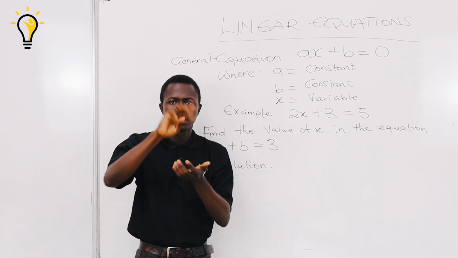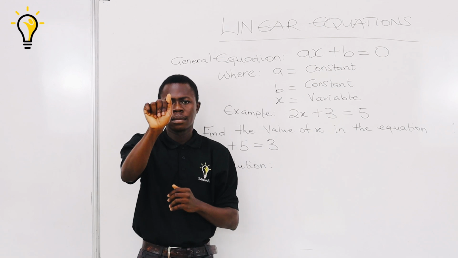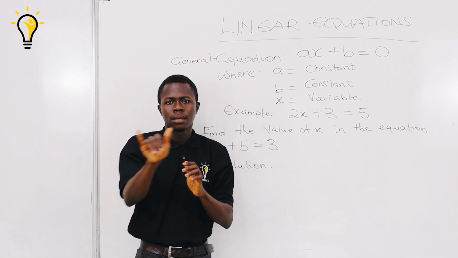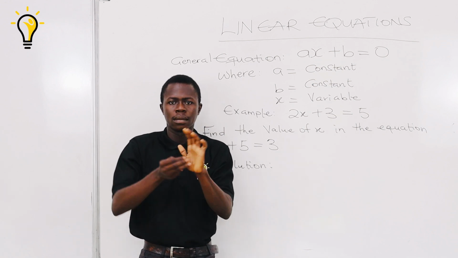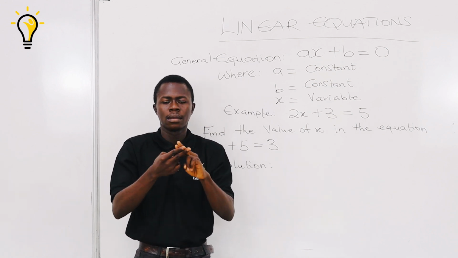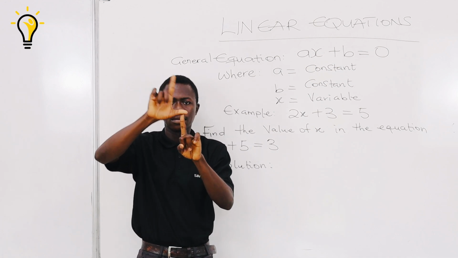So now, the terms a, b, x in the equation, what do they mean? A represents a constant. B also represents a constant. Then x is a variable.